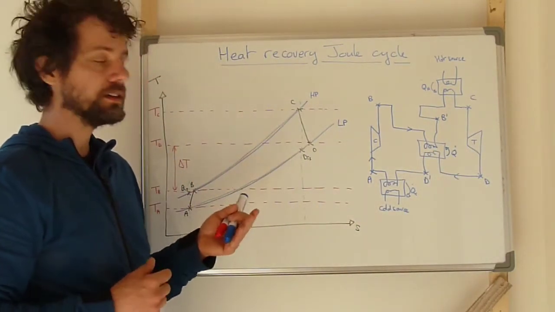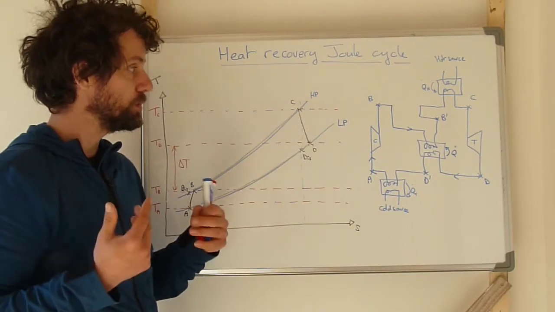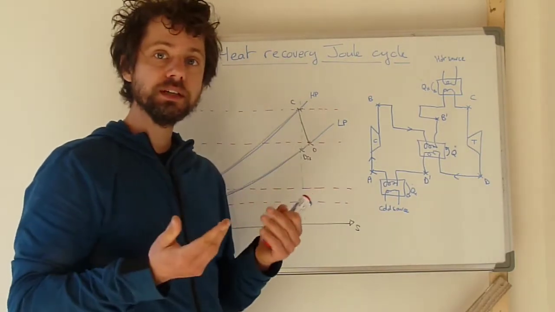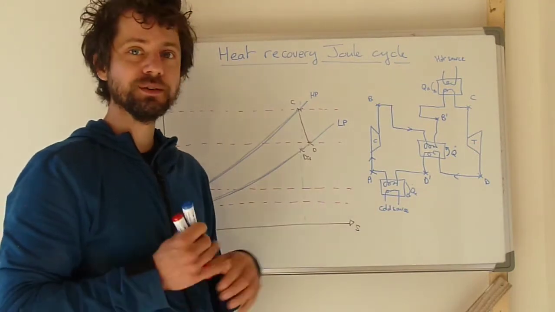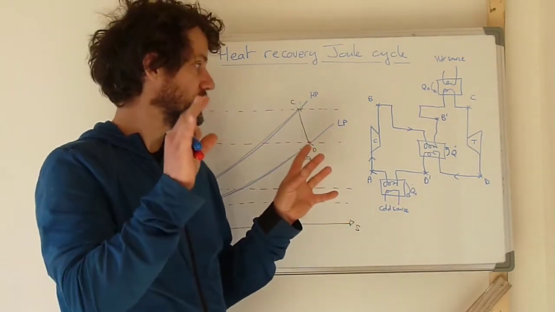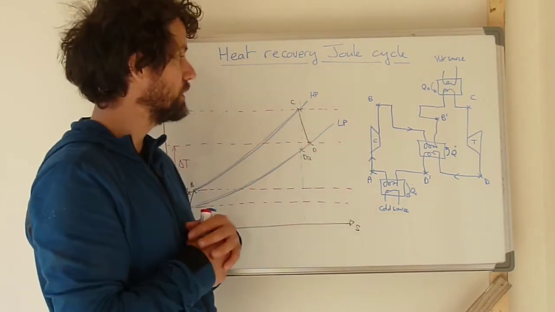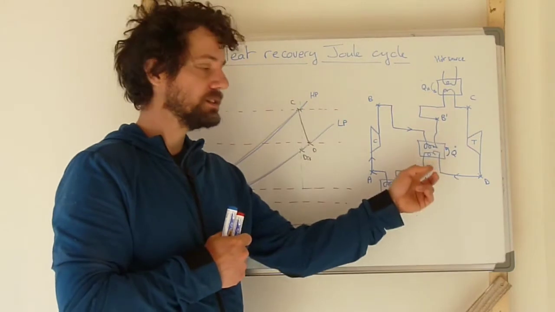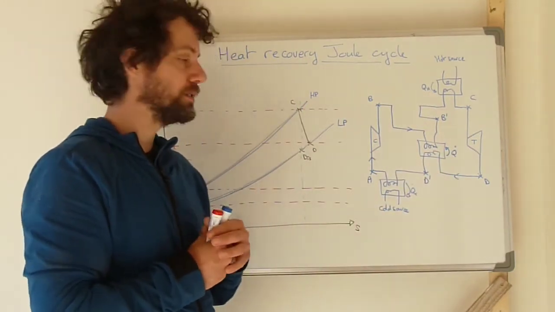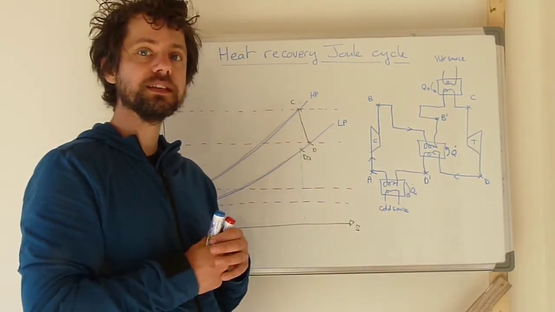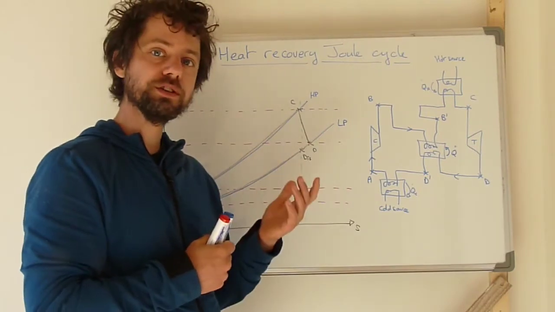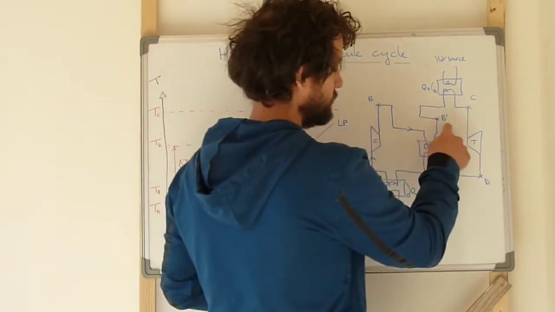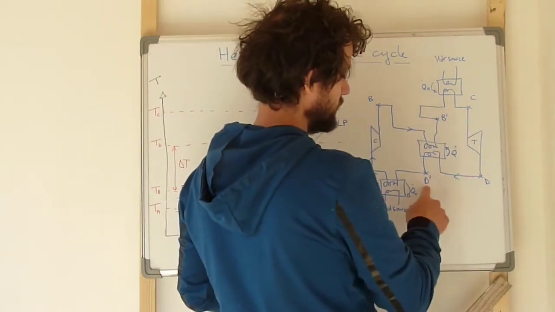And at first approximation, and it's what we have done until now, we have considered that we have a constant Cp for the fluid, so the Cp times the mass flow rate is the same for both fluids. If we have the same heat capacity rate, it means that we also have the same temperature evolution for both fluids. So the same temperature difference between B and B prime and between D and D prime.